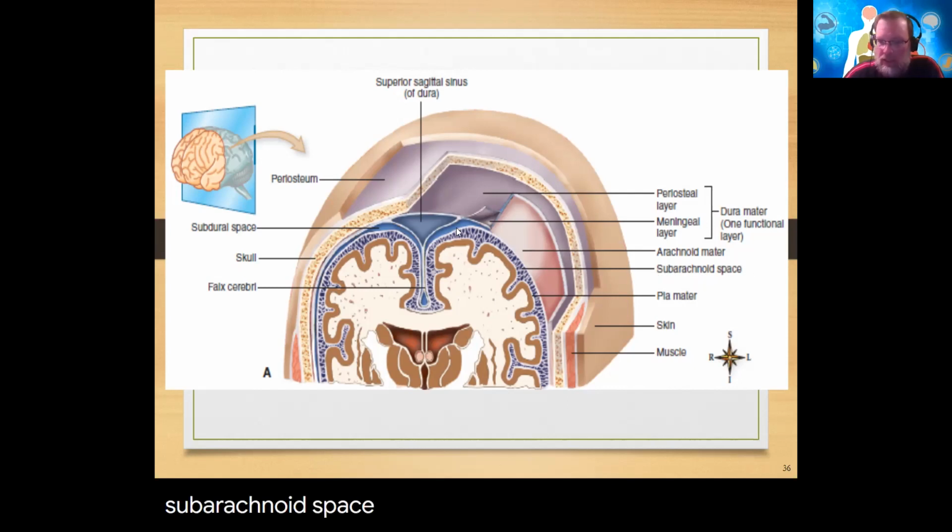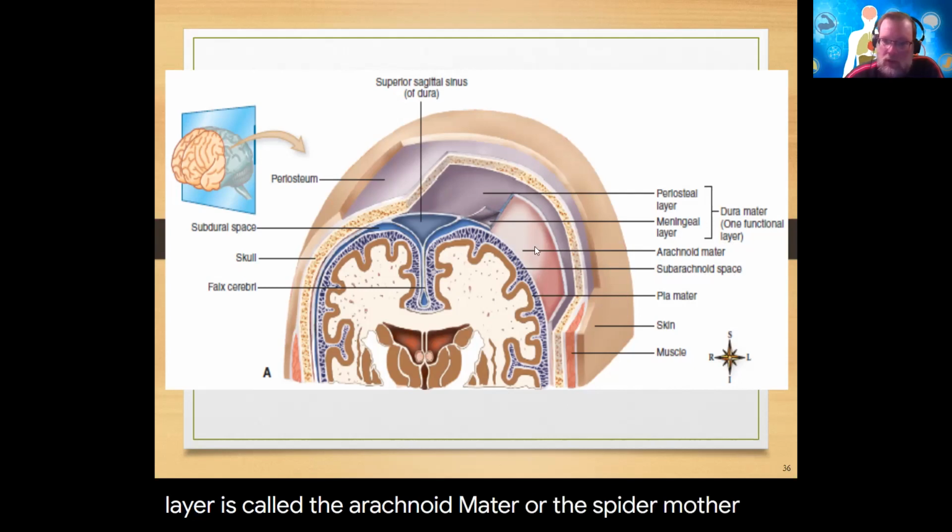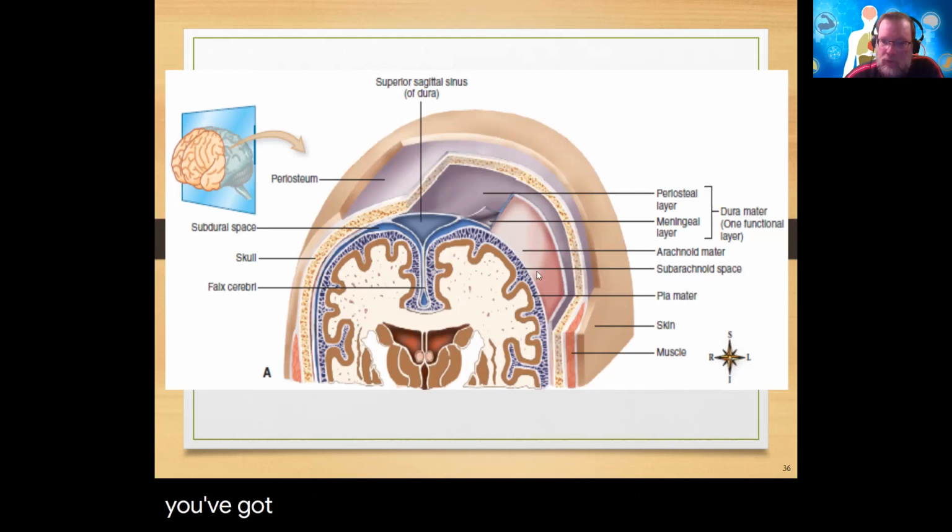The fact that it says sub at the beginning means we're below whatever we're describing. So below the arachnoid is what subarachnoid means. So the second meningeal layer is called the arachnoid mater, or the spider mother. The middle layer of meninge is called arachnoid mater.